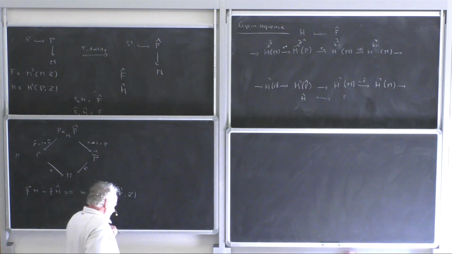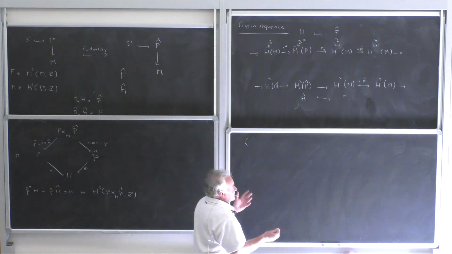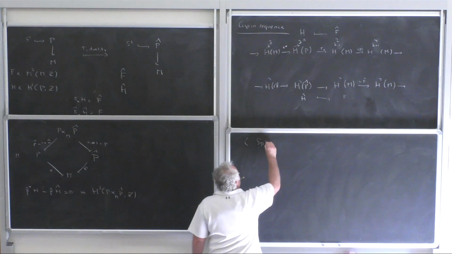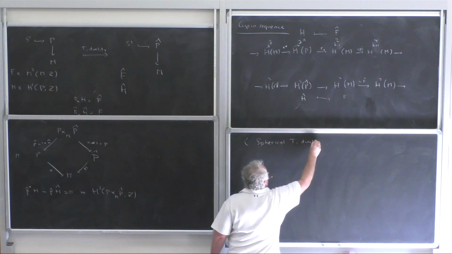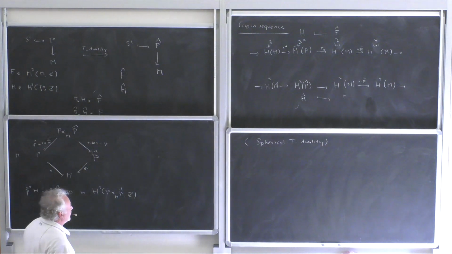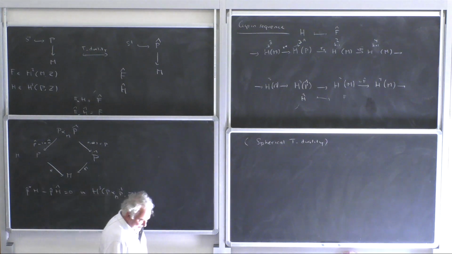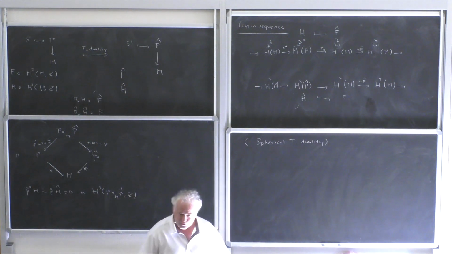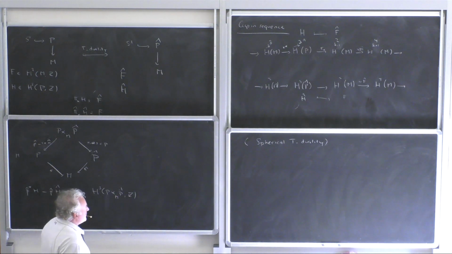And I won't be talking about it, but we started investigating this and we call it spherical T-duality. I think it's still open whether this is actually useful or not. I mean, topologically you can do it, but whether you can also do it on fields remains to be seen.